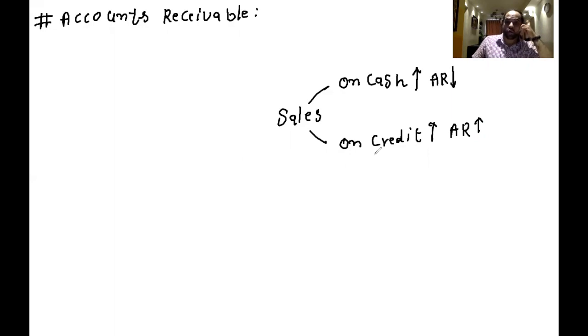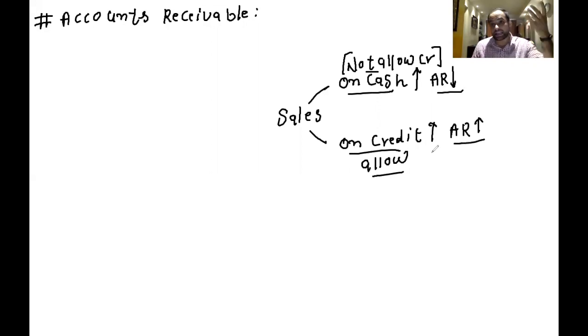All right. So on credit means when the company allows too much credit, and the company does not allow credit, which is called cash, as a result, accounts receivable decreases. If the company allows too much credit, as a result, accounts receivable increases.